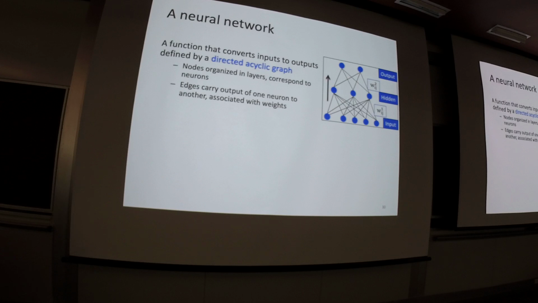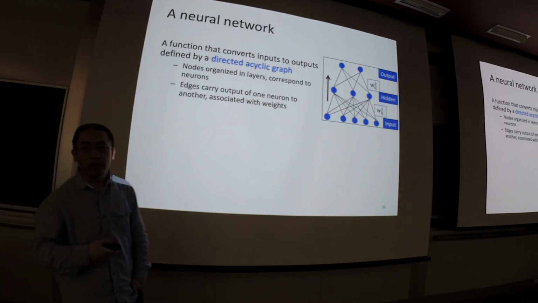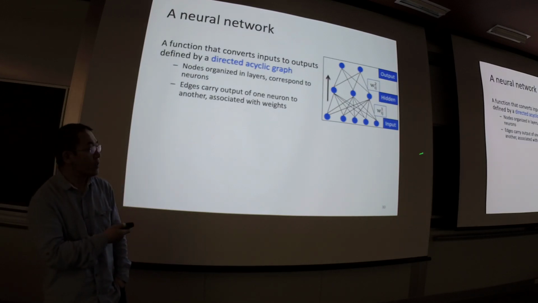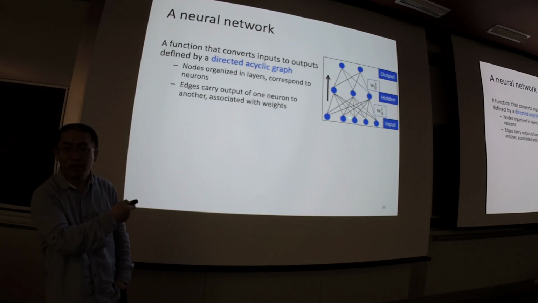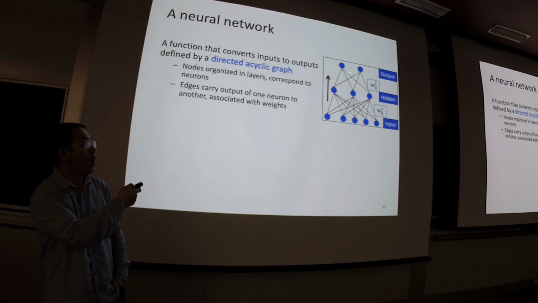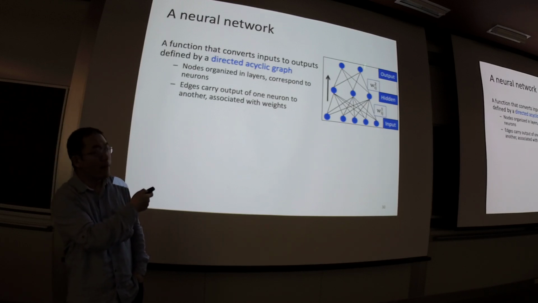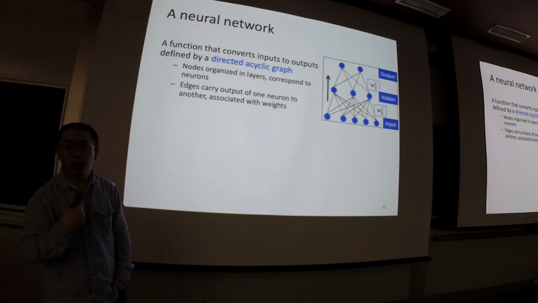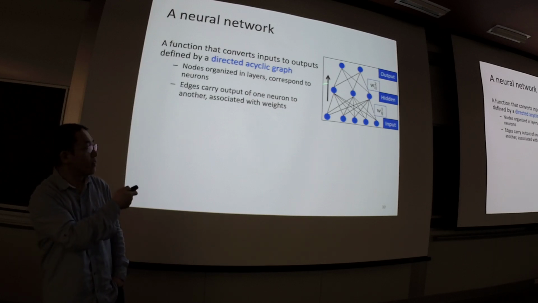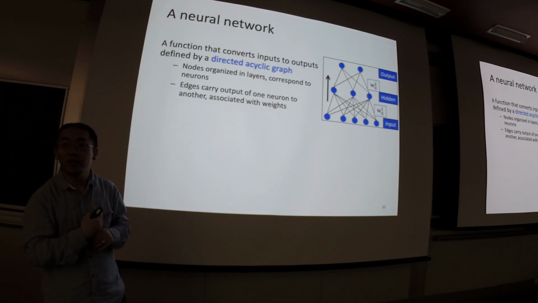So here's the typical example of the neural network architecture. The bottom layer are the inputs, which directly touch the data. And the top layer are the outputs, usually corresponding to our prediction. And the layers in the middle are usually called hidden layers.